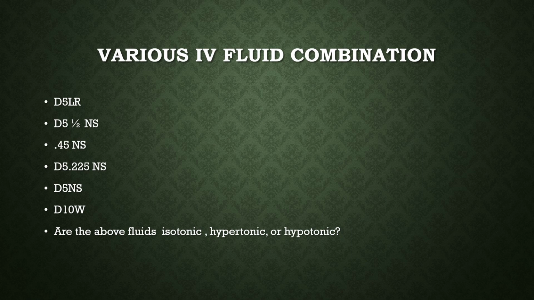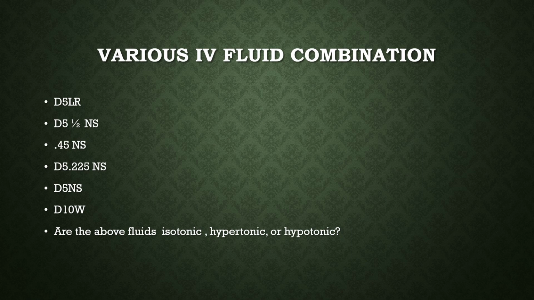D5 1/2 normal saline. Our D5 is isotonic, but the half normal saline, you may also see it as D5.45 normal saline. So the D5 is isotonic, but the 0.45 is hypotonic, right?